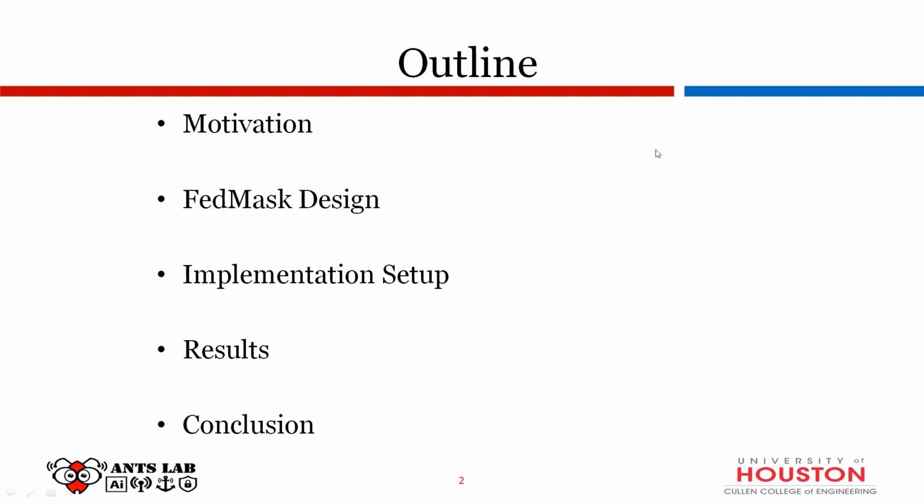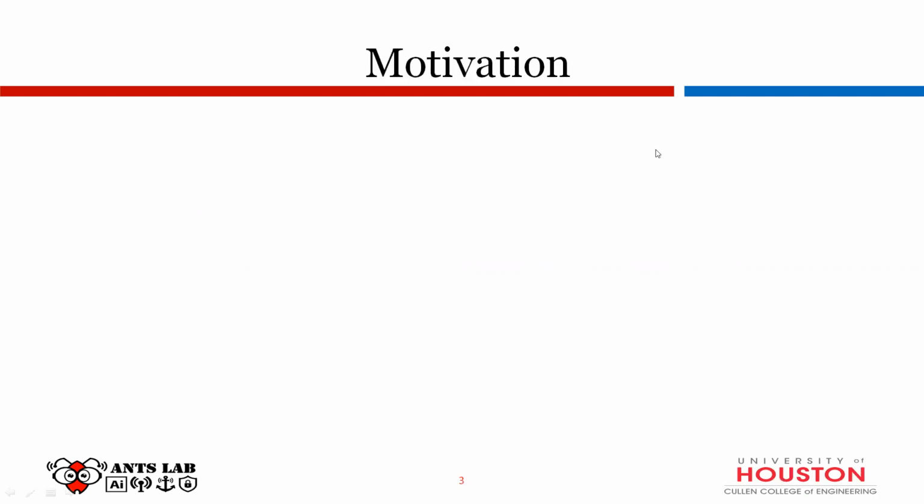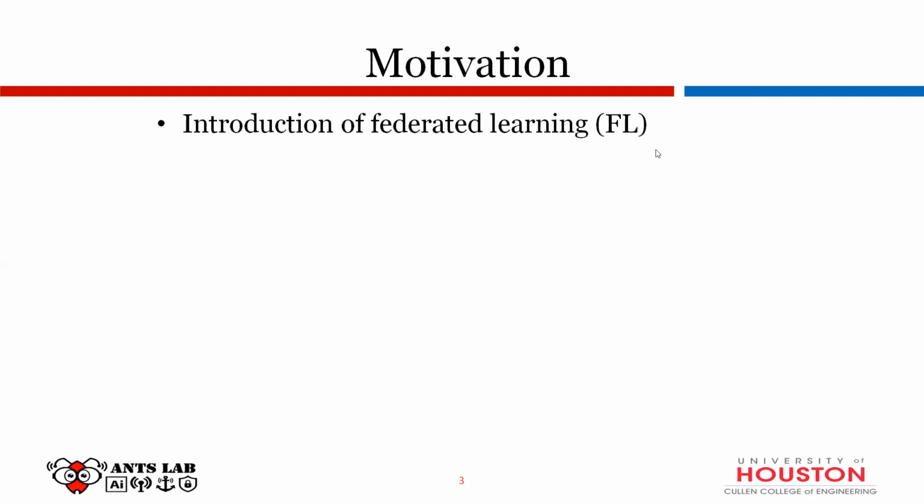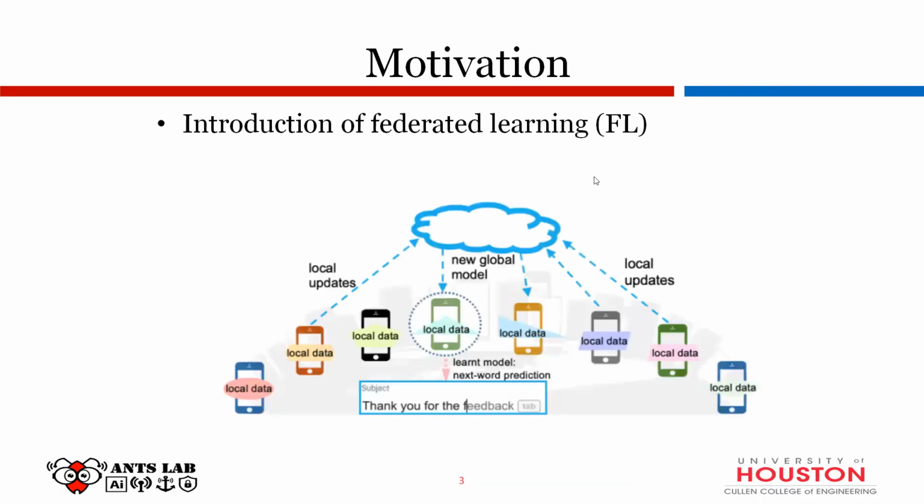We will be talking about the motivation first. So we will introduce the concept of federated learning. The basic concept is there's a central server who sends out tasks for those local devices to train, and each device has their own local data.